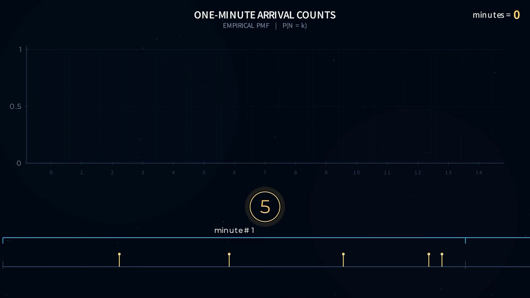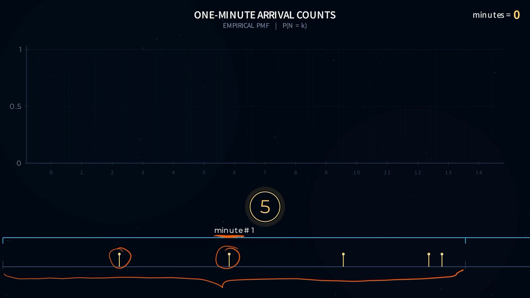We're choosing a minute to be the time interval of interest. So here, during the first minute, we counted 1, 2, 3, 4, 5 arrivals. So we'll note that as the realized value of the random variable of interest here, which is the number of arrivals per minute.